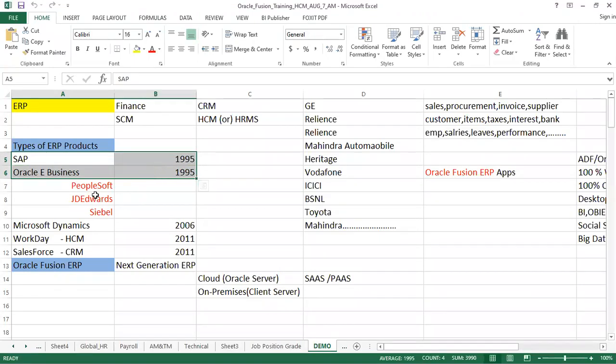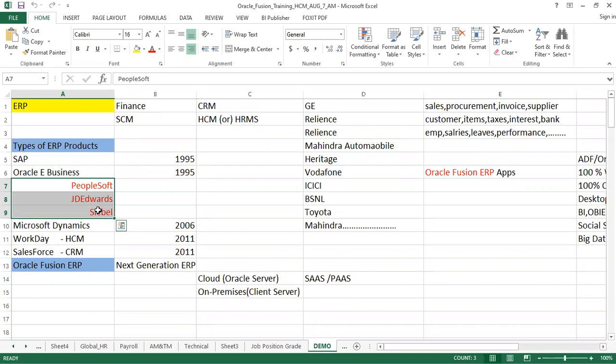Even Oracle acquired PeopleSoft, JD Edwards, and Siebel around 6 years back. Around 6 years back, Oracle was not much interested to expand or develop this ERP and give it to the clients. They almost closed these three ERP products.